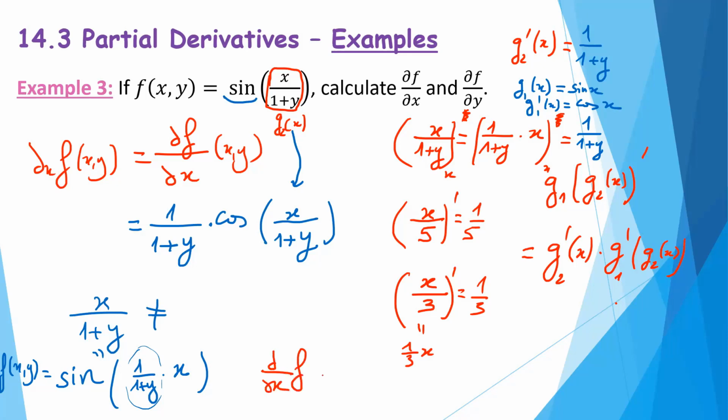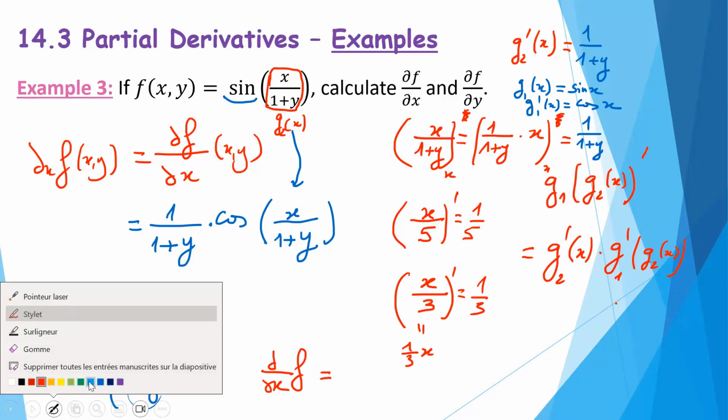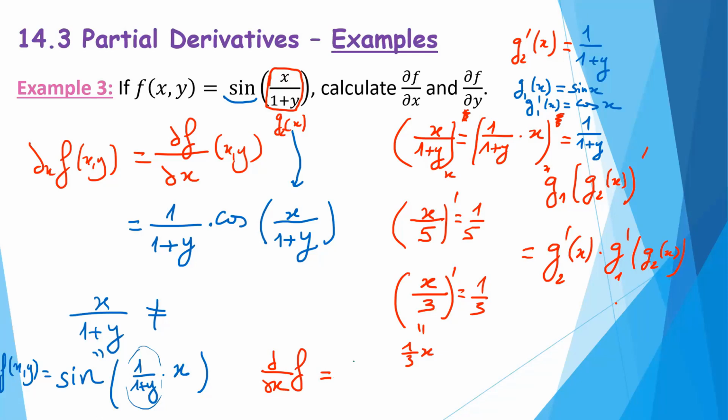The partial derivative with respect to x of f, using the chain rule, will be the derivative with respect to x of the inner part, times the derivative of sine, which is cosine, evaluated keeping the inner part the same.